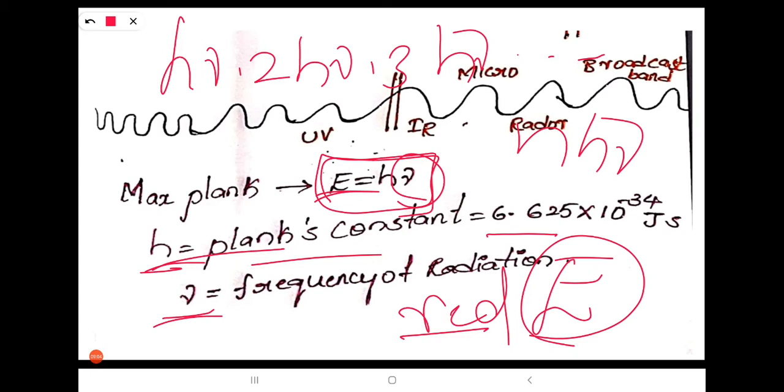The energy emitted from a material body increases with increase in heat energy. As we continue heating an iron rod, when it acquires red color, this red color has a lower frequency, that means less energy.